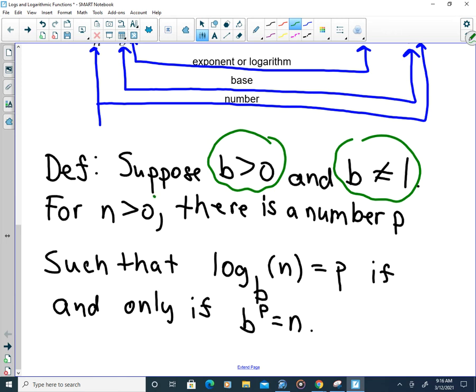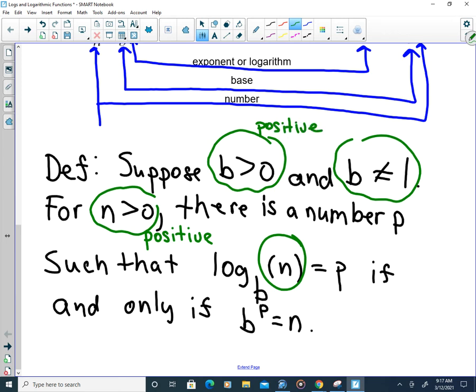Also, your n value, the number that you're taking the log of, also has to be greater than 0. If a number is greater than 0, basically that just means it's a positive number. So your base has got to be a positive number, and what you're taking the log of has to be a positive number.